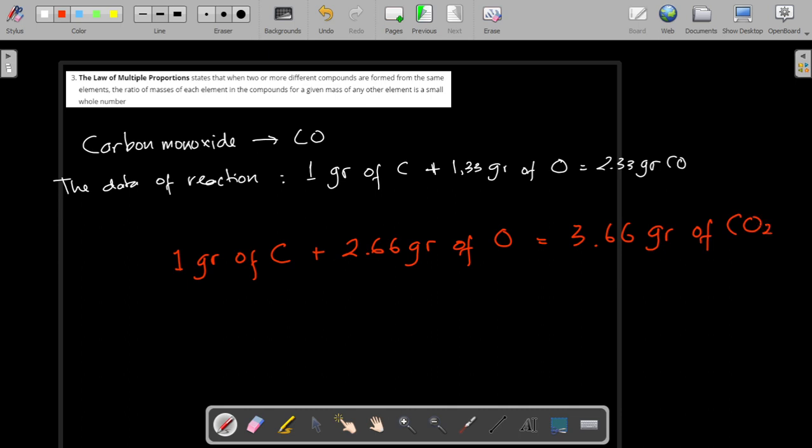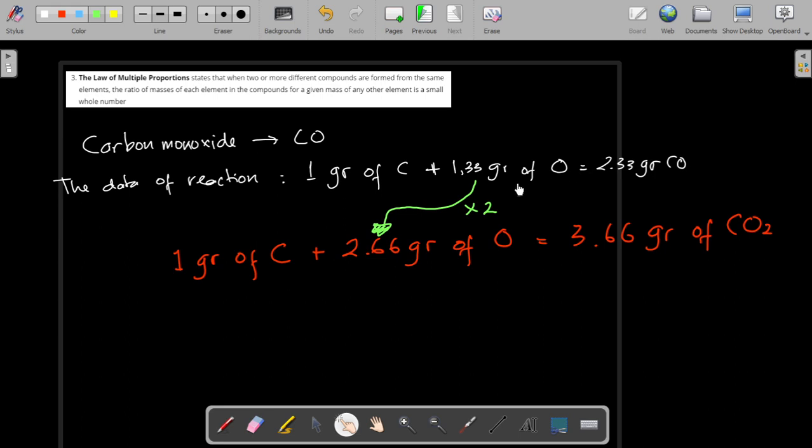So this is the same one, and also this is the same one. But for the oxygen, this is 1.33, and then I make multiplication. I multiply the proportion, so from here to here, it is multiplied by 2.